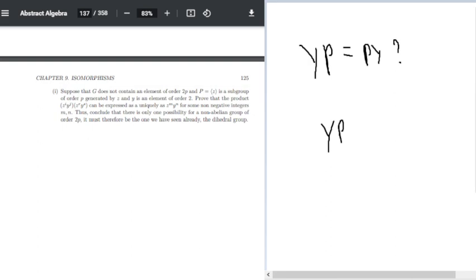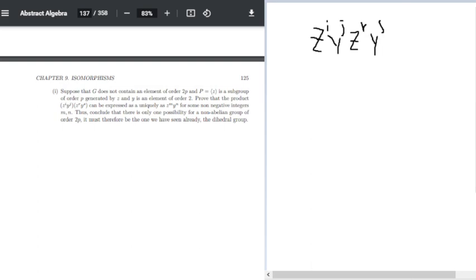So we have z^i y^j z^r y^s. Suppose that's equal to, let's start by assuming it's true and see what we can derive.